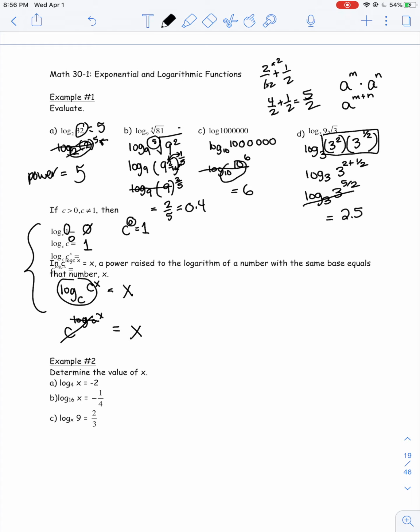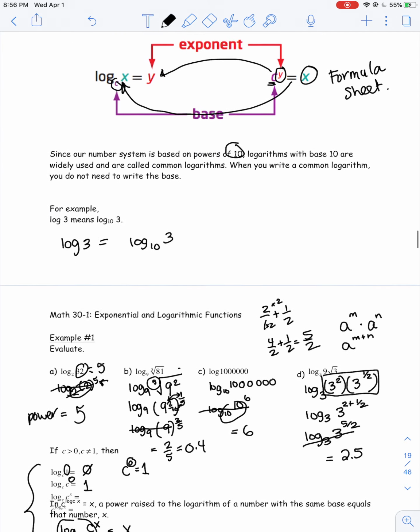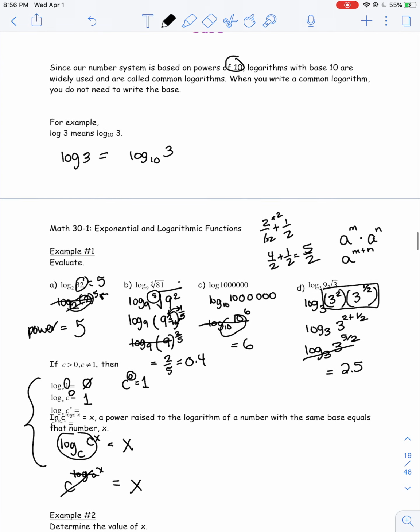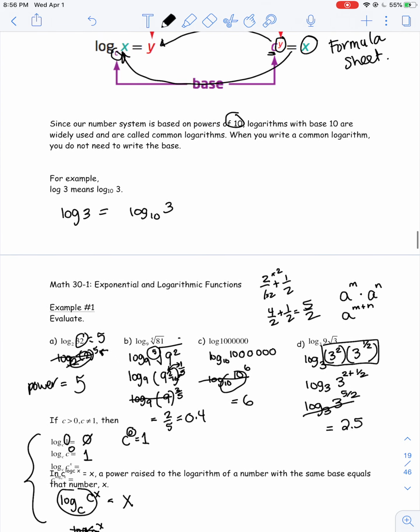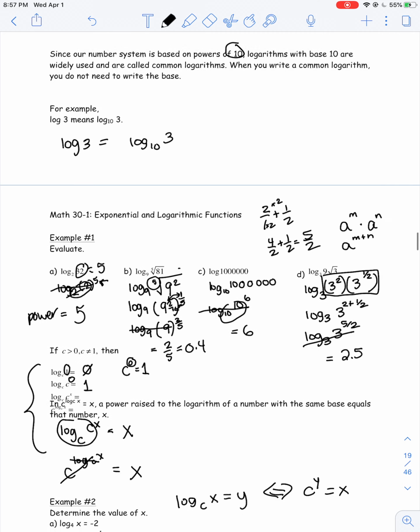Determine the value of x. So we're going to work on solving. We're going to use this inverse property and learn how to transfer it. I'm going to write this equation out here so you can see what it looks like and what I'm doing. Log base c of x equals y is the same as saying c to the power of y equals x.